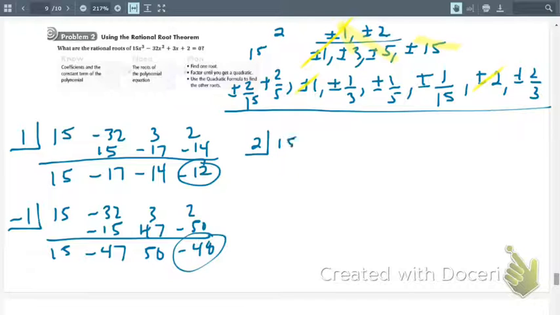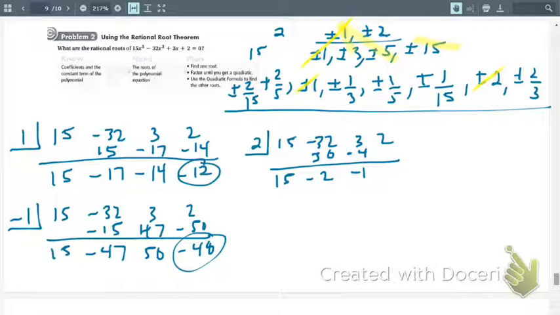So 15, negative 32, 3, and 2. Alright, bring down the 15. 2 times 15 is 30. Negative 32 and 30 is negative 2. 2 times negative 2 is negative 4. 3 plus negative 4 is negative 1.